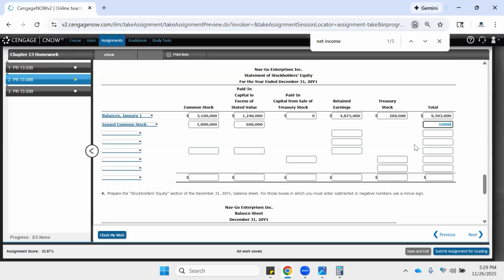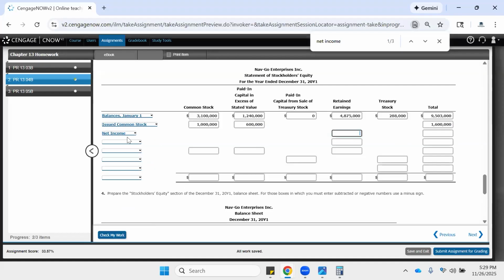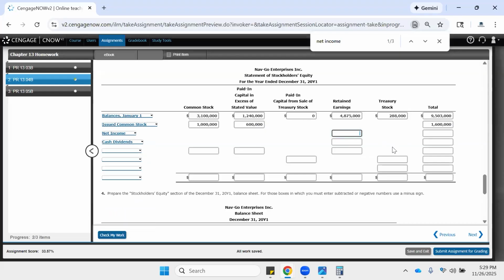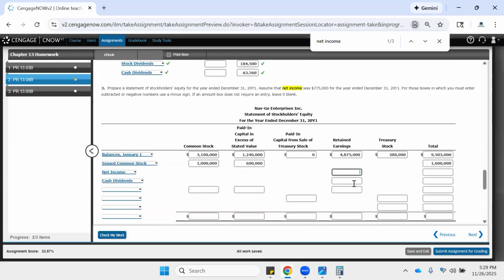So that's a net impact on stockholders' equity of $1.6 million. Then we had net income and cash dividends also impact our retained earnings. And our cash dividends was 63,568, and our net income was $775,000.